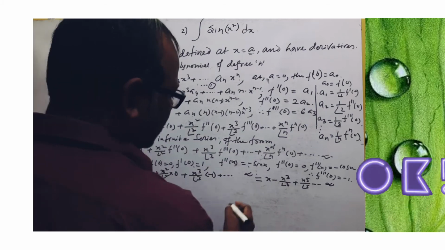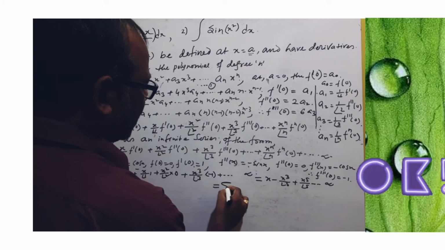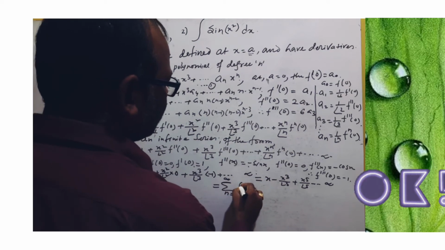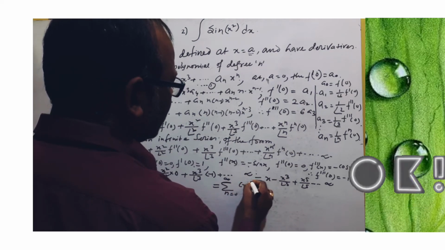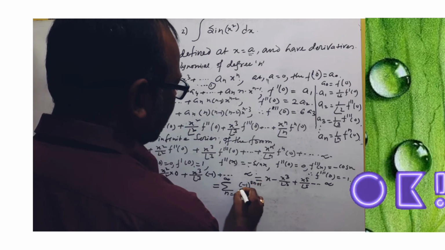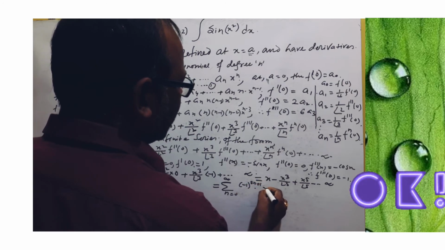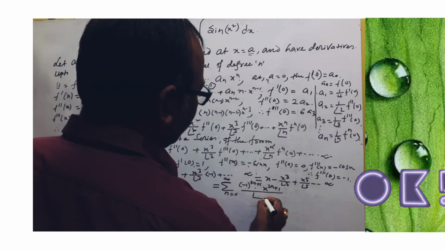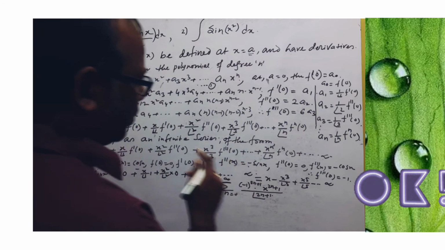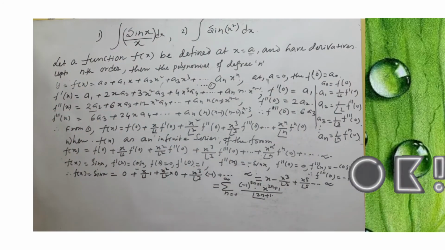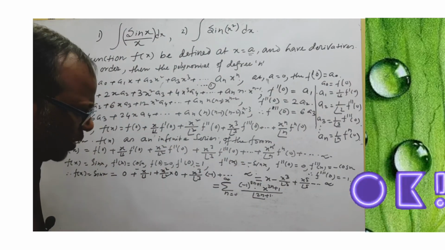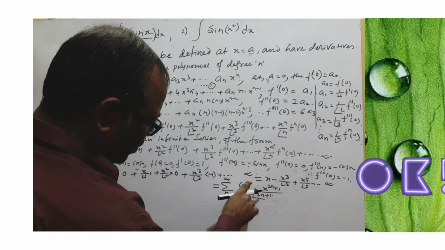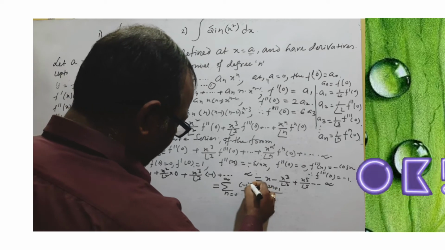It can also be written as the summation from n equal to 0 to infinity of minus 1 whole to the power n, x to the power 2n plus 1, divided by factorial 2n plus 1. Therefore this expansion can be written as a summation, with minus 1 whole to the power n.